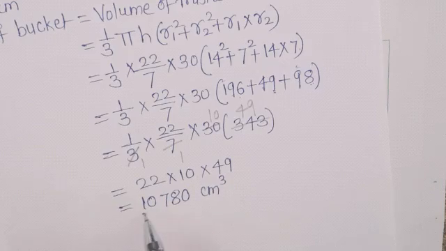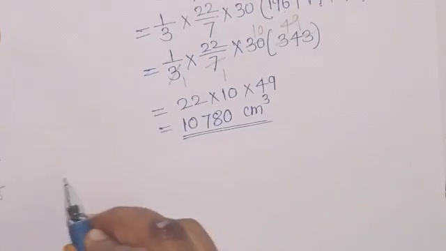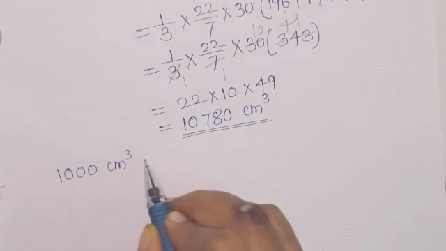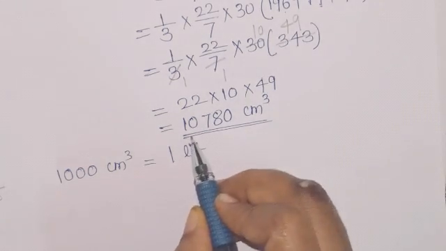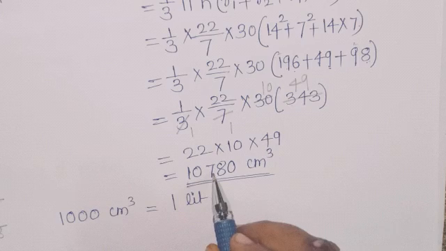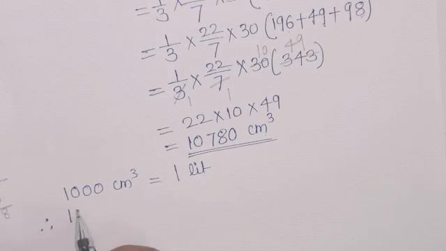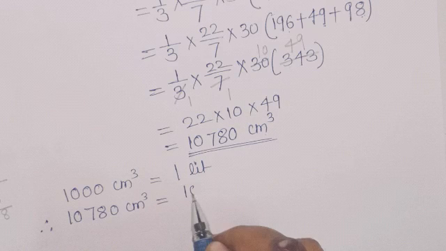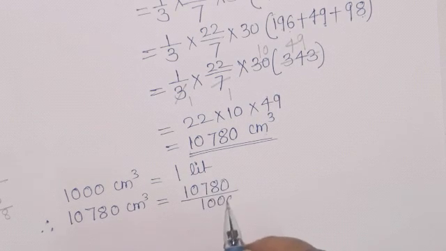But we have to find out the answer in liter. And here we know that 1000 centimeter cube is equal to 1 liter. So how much volume we got? 10780 centimeter cube. Therefore 10780 centimeter cube is equal to 10780 divided by 1000.